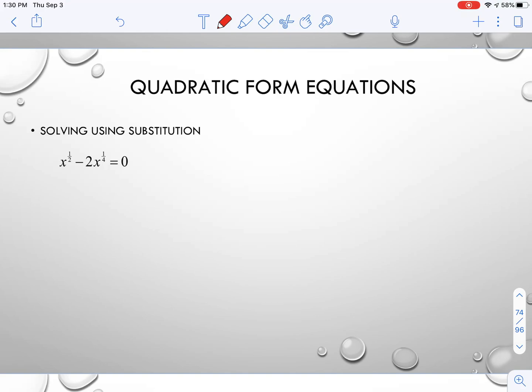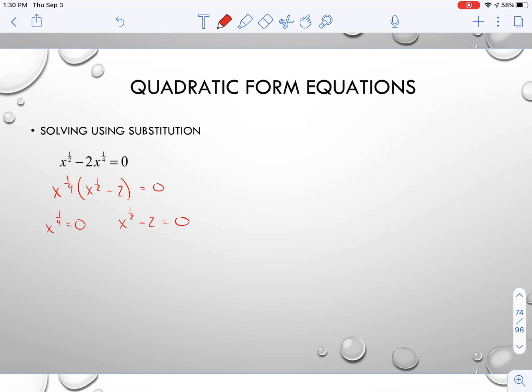The GCF is going to be x to the 1/4. So if I factor x to the 1/4 out, I'm going to be left with x to the 1/4 times x to the 1/4 minus 2 equal to 0. I now have a factored form of my expression. I have x to the 1/4 equals 0, and I could have x to the 1/4 minus 2 equal to 0.